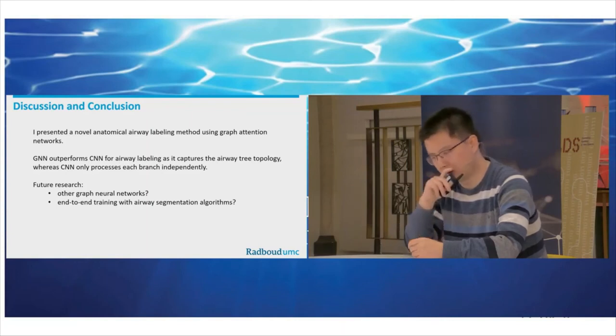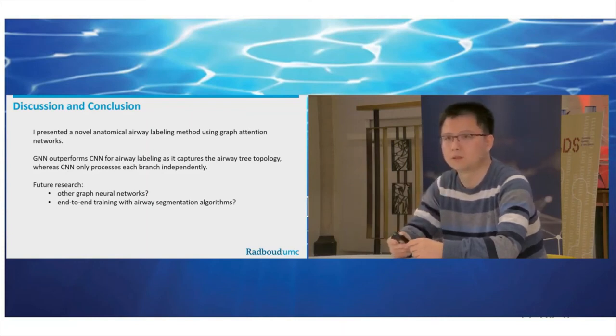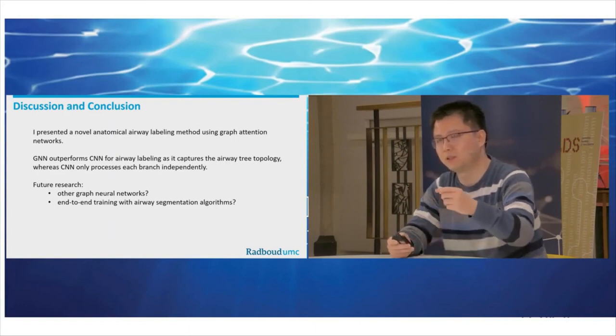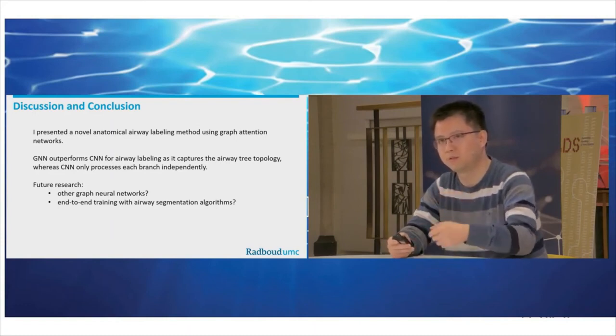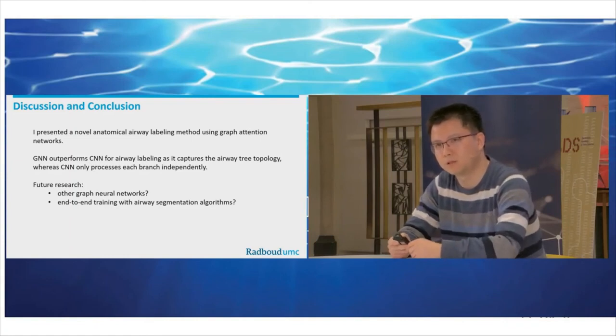For future research, we want to try more graph neural network structures, because last year there were some works trying very deep graph networks. If you're interested, there's a paper called 1000 Graph Neural Network Layers published in ICML, yes, I remember.